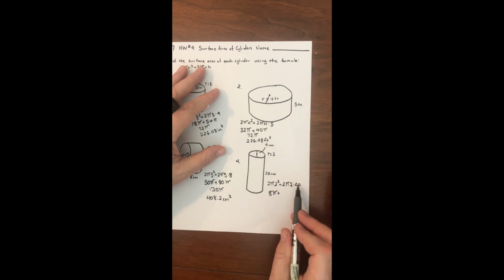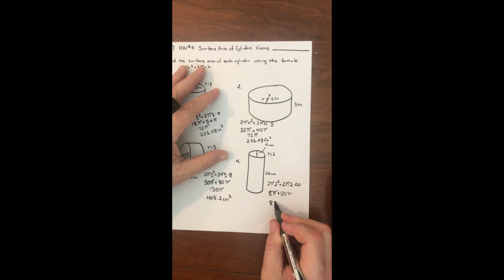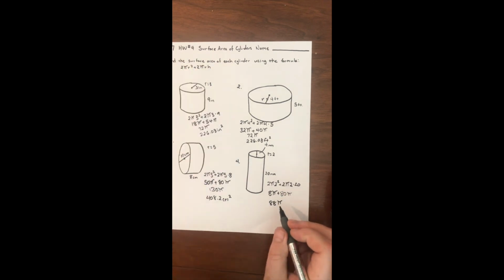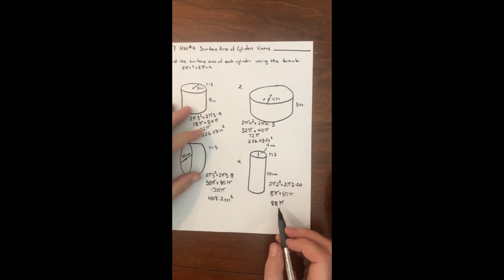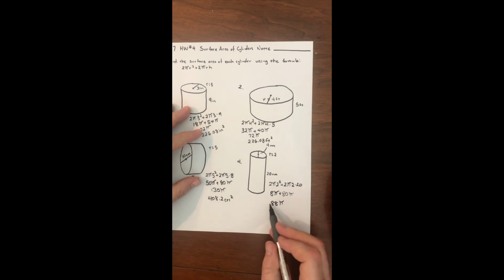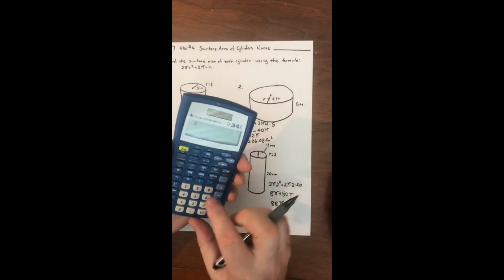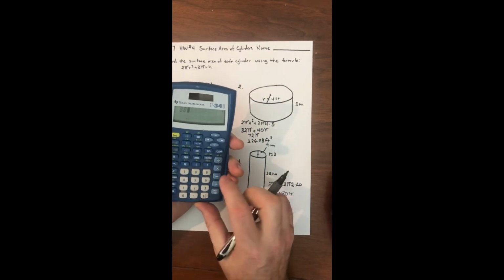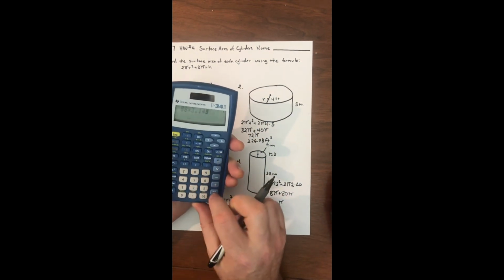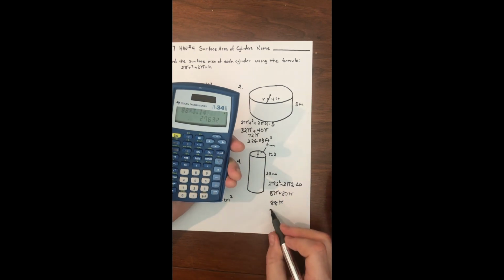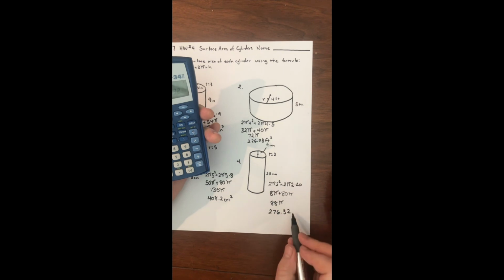Then I have 2 times 20, which is 40. 40 times 2 is 80. 8 plus 80 is 88 pi. I don't want to do 88 times 3, so I'm just going to think of this as like 90, so it's going to be around 270, right? 88 times 3.14 is, hey, 276.32. Millimeters is my units of measure, and I'm going to square it.